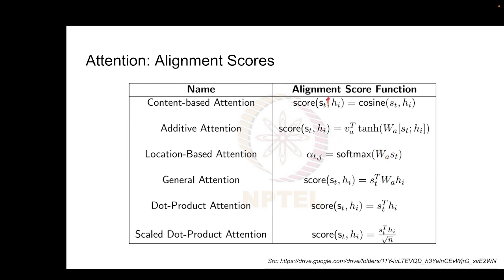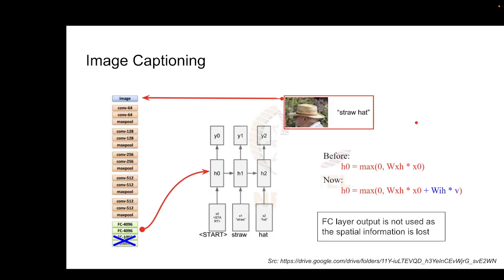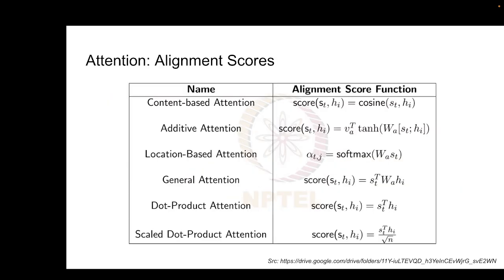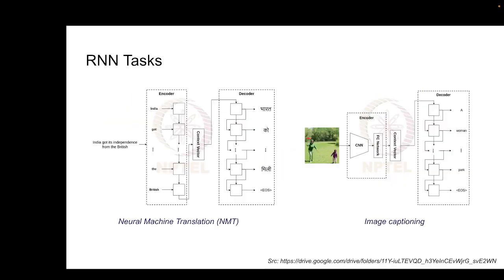So these are some of the very popular alignment score functions, where this and additive attention, these three are the more popular ones.